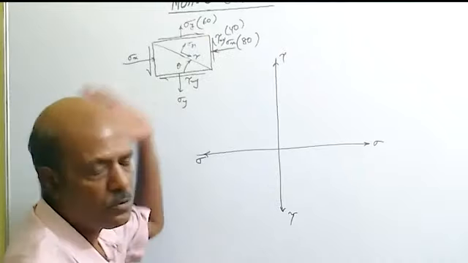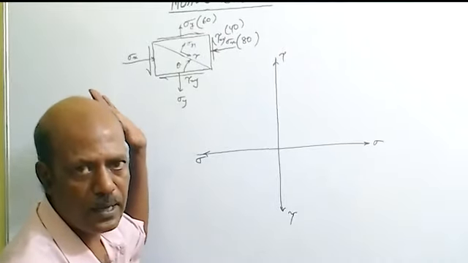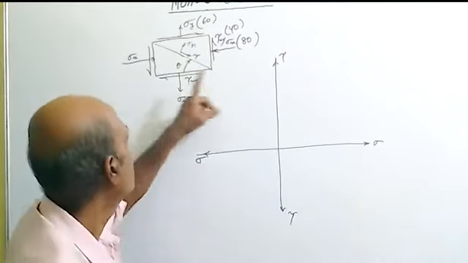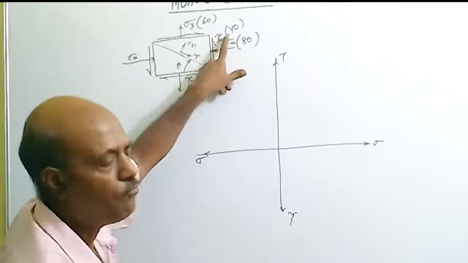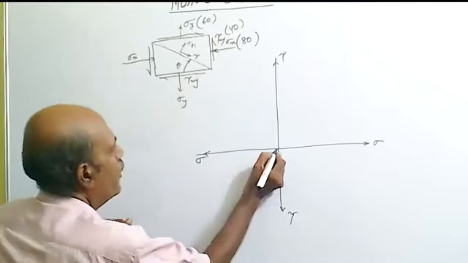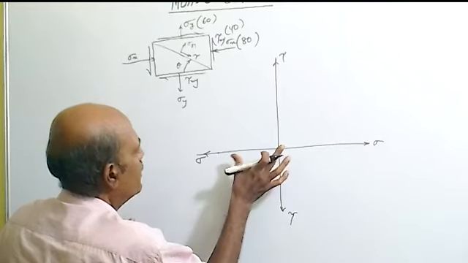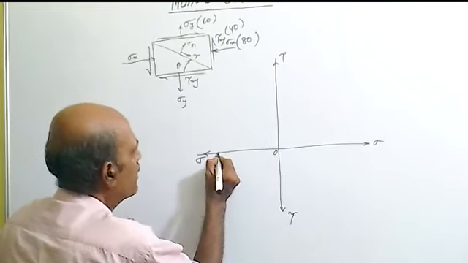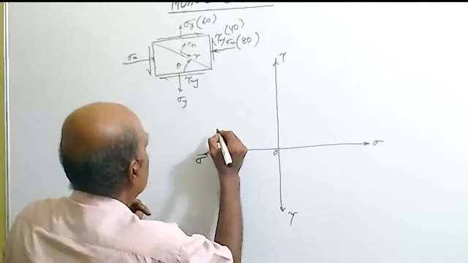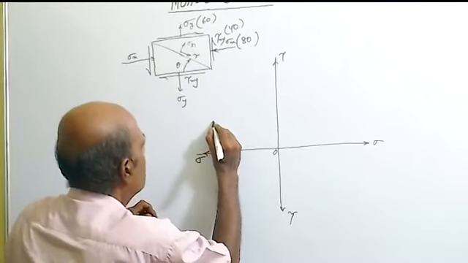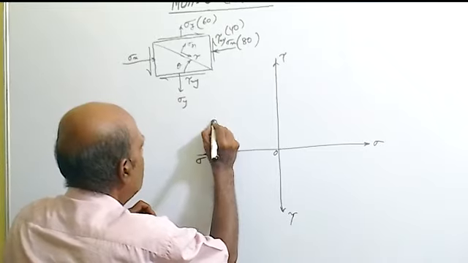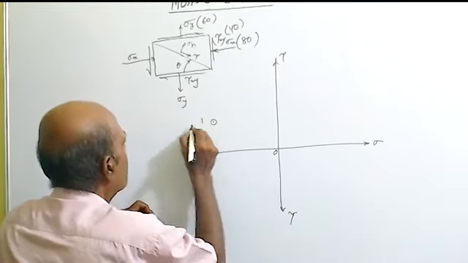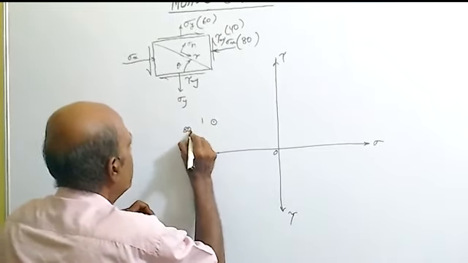So now go to the x phase, check the stresses acting on the x phase, that is 80 negative, 40 positive. So from the origin measure the distance 80, and 40 is positive, so let this one be 40. So point 1 we have marked, that is 80, 40.